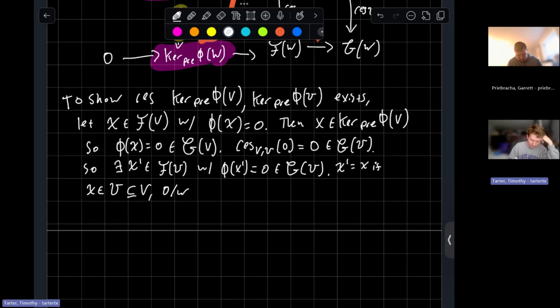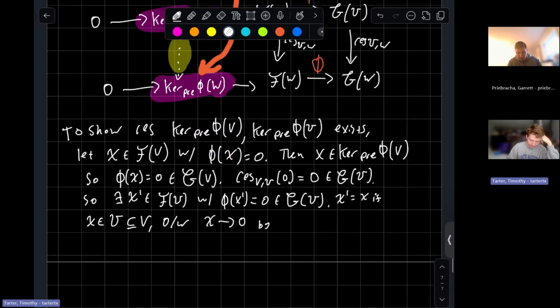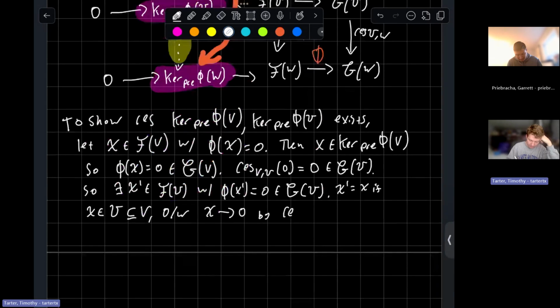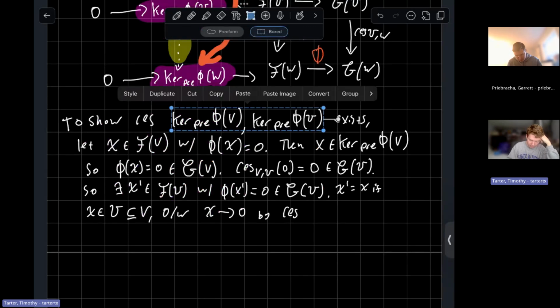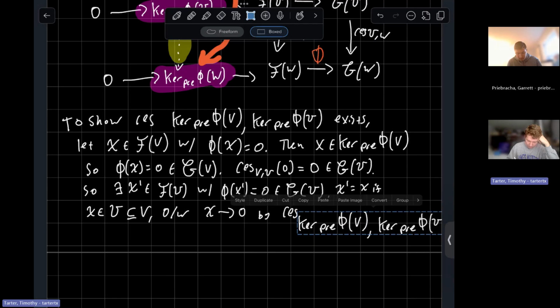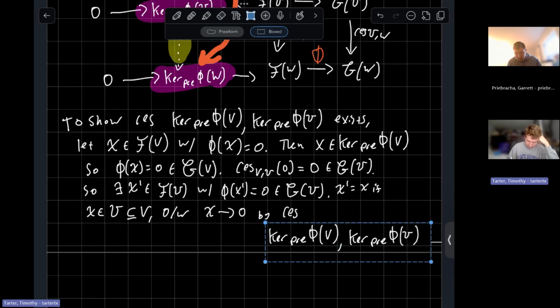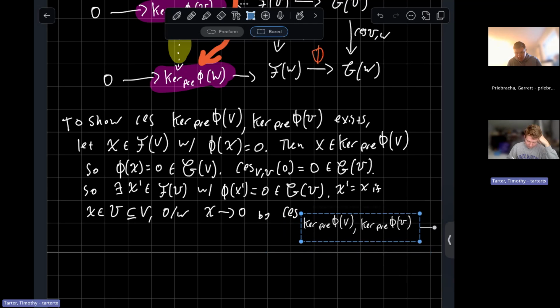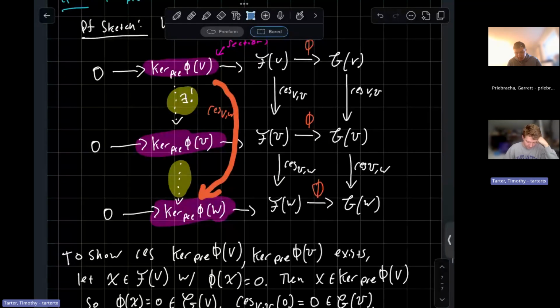Otherwise, x gets mapped to 0 by this first restriction map, by res, like so.